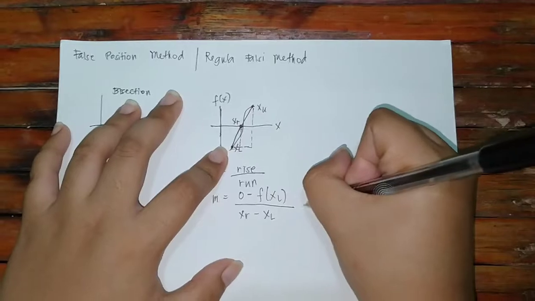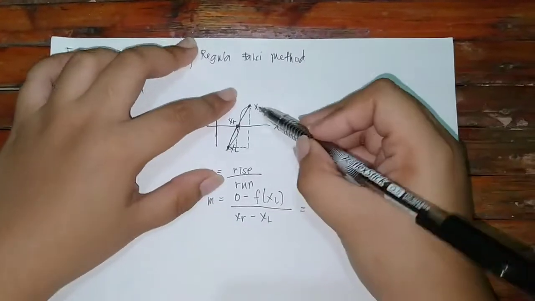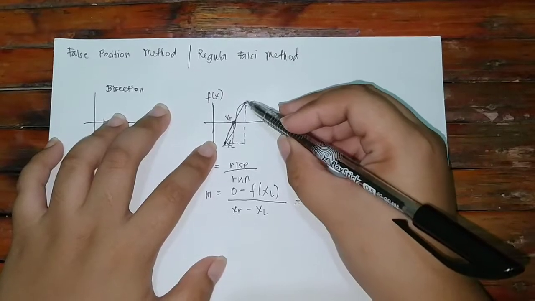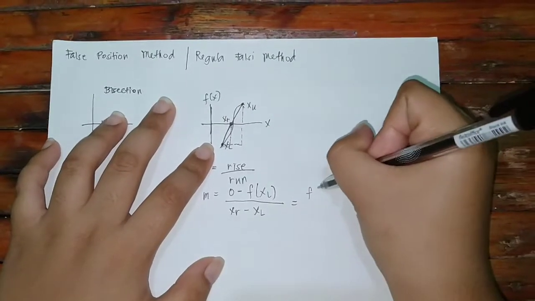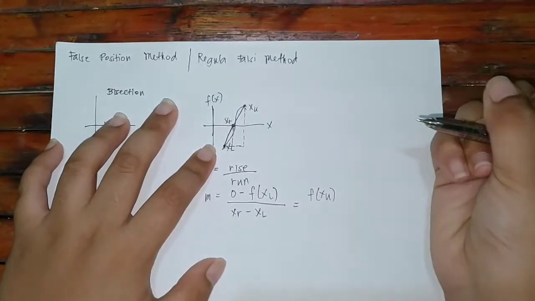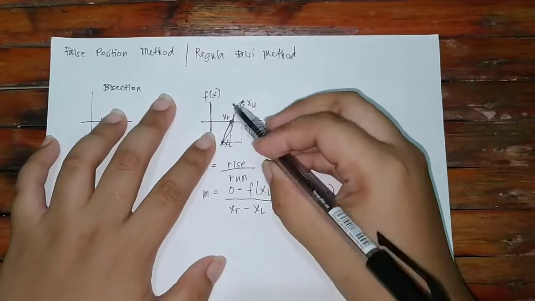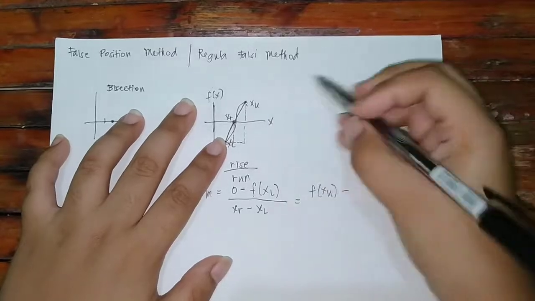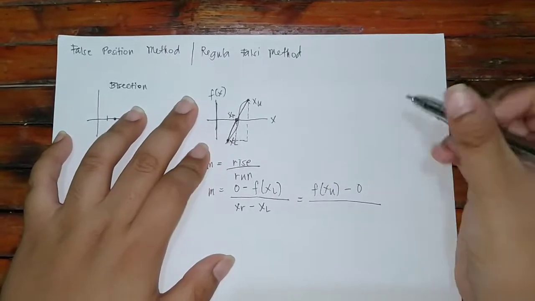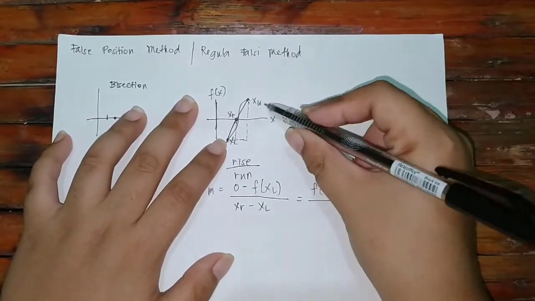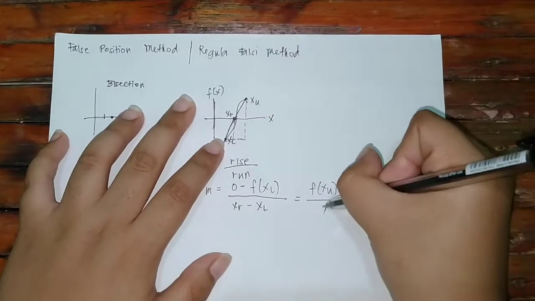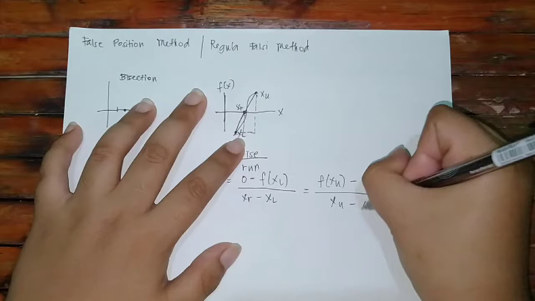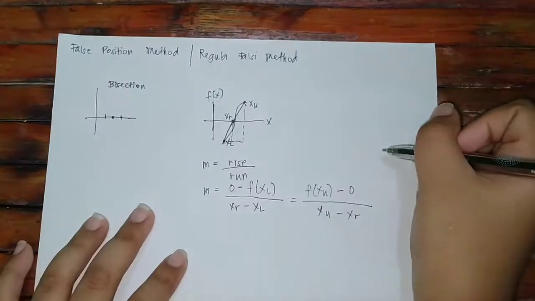It is equal also to this right triangle. So we have f of x of u minus f of x of r, so we have 0 again, over, first we use the x of u, so we have x of u minus x of r.